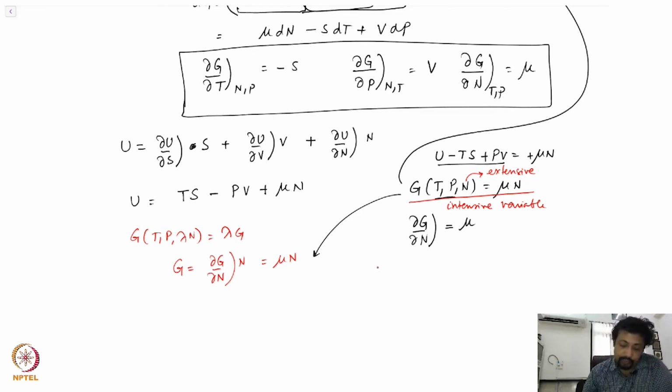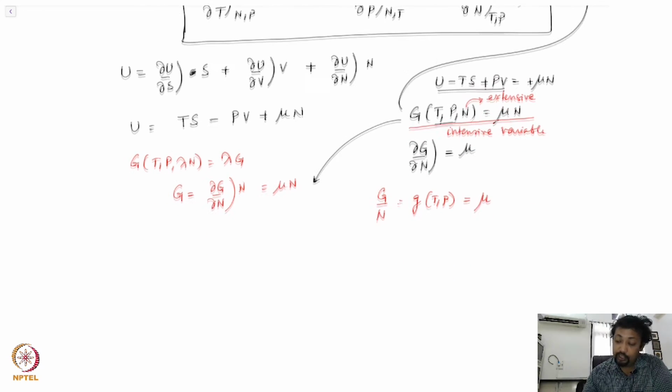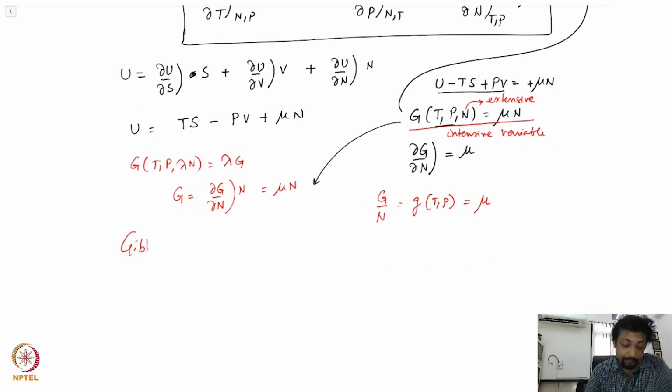Interestingly, you should know that once I have this, then G by N is small g, which is a function of T and P, because N has been taken out over here because you have put lambda equal to 1 by N, and that essentially is the chemical potential. So the Gibbs free energy density is the chemical potential.